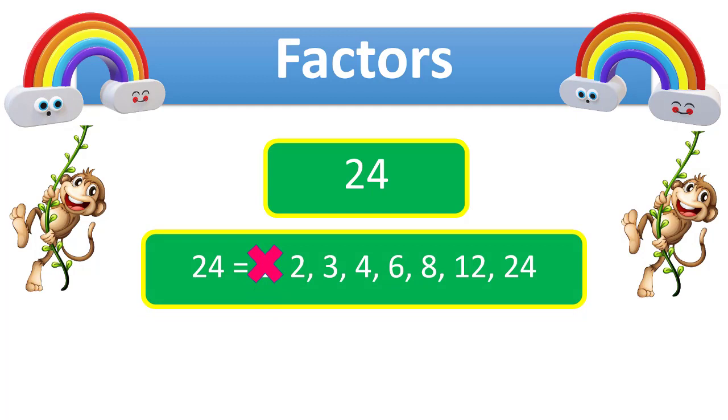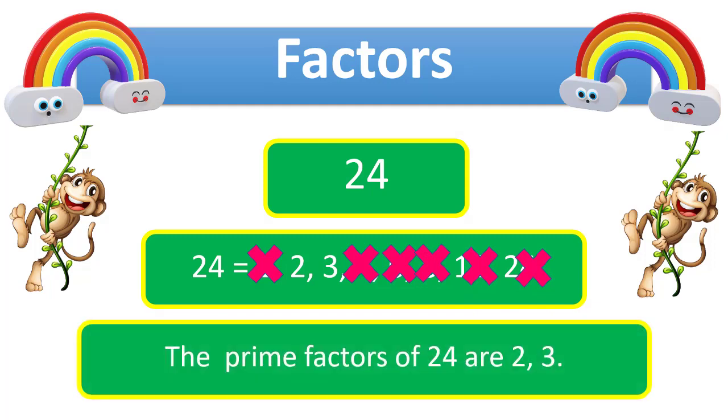One is not a prime factor. 4 is not. 6 is not. 8 is not. 12 is not. And 24 is not a prime factor. Very good, students. So, the prime factors of 24 are 2 and 3. 2 and 3, right? Next.